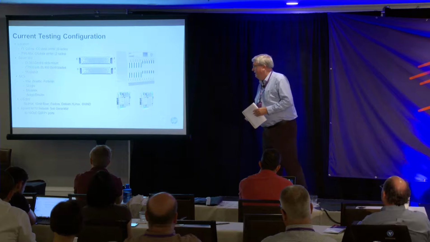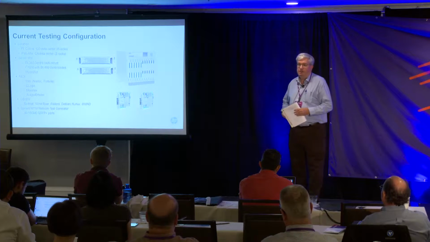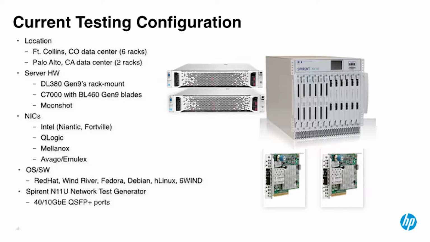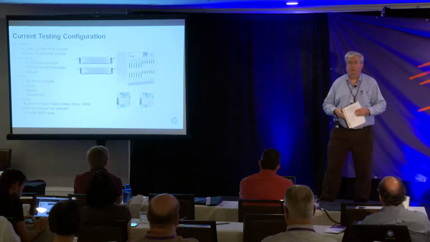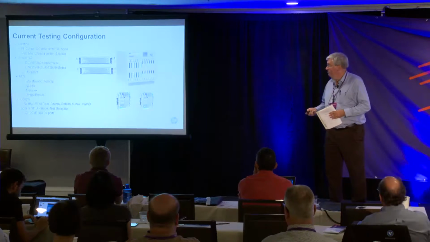We also have the Spirent network test generator that right now has about 5 40-gig ports, which can be split into 10-gig ports, and we'll look to expand that as required. Expanding on that, we found that it really has been an essential piece of equipment for our DPDK testing.